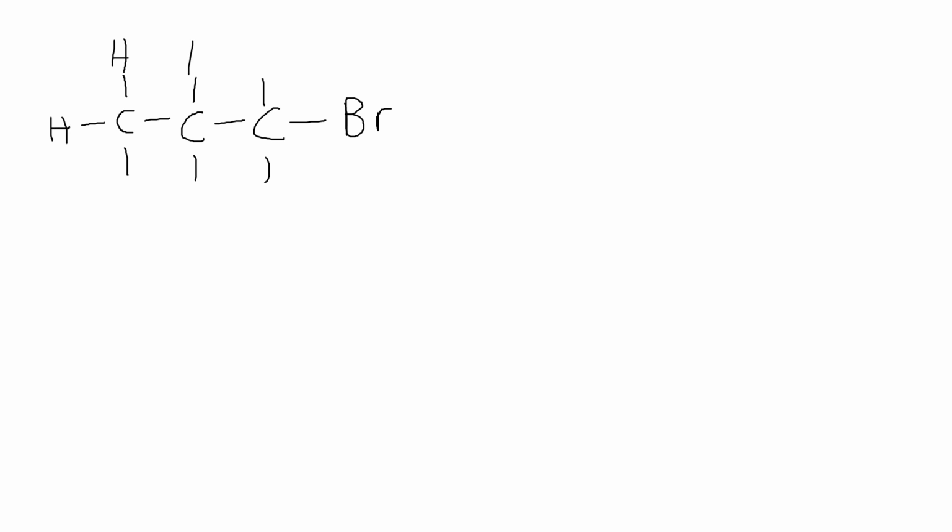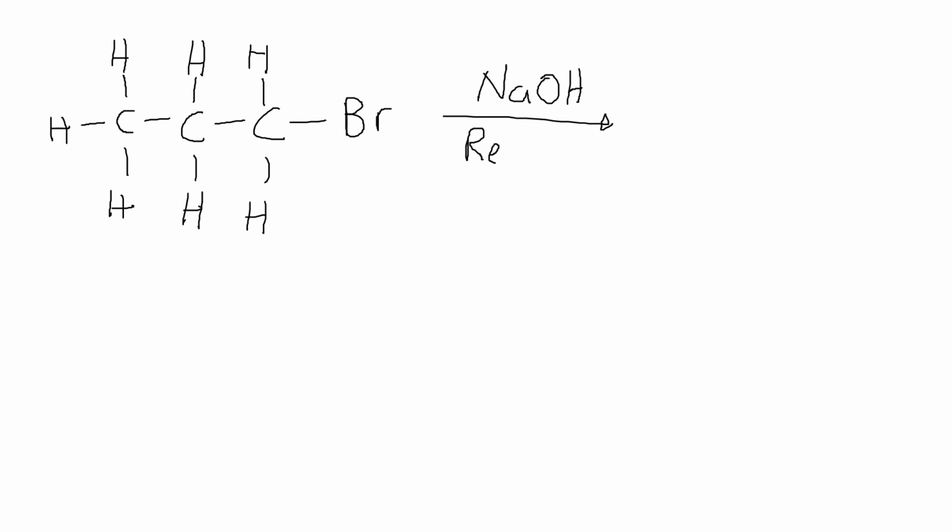And if you treat that with sodium hydroxide, so you've got NaOH, and you reflux it, the conditions matter hugely. So if you use aqueous sodium hydroxide, then what happens is the OH minus swaps for the bromine and you end up with an alcohol. And in this case, you'd end up with propan-1-ol.